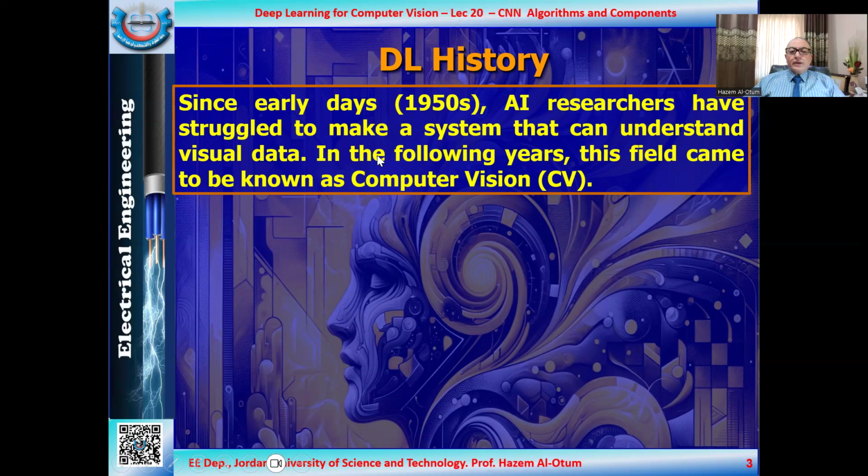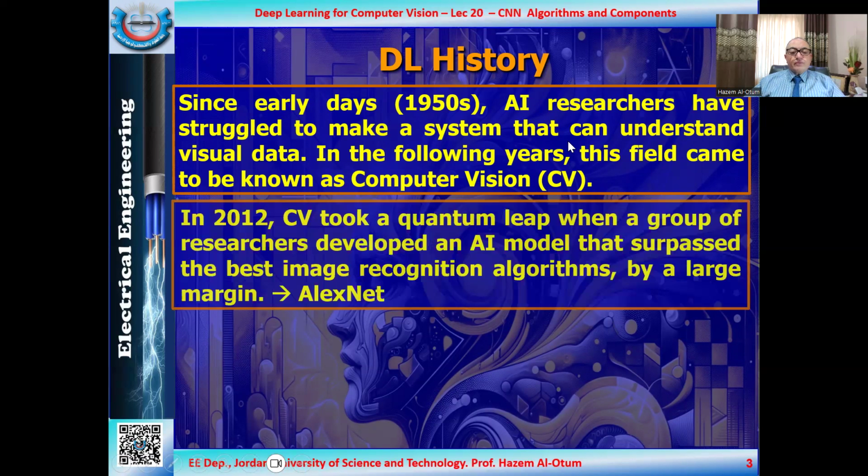However, the work regarding image processing applications oriented toward computer vision and making AI systems got a name, computer vision, and this was what we started our course with, introductory information about computer vision applications. It was a long time between the 1950s and 2012.